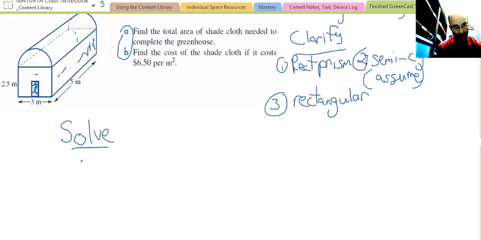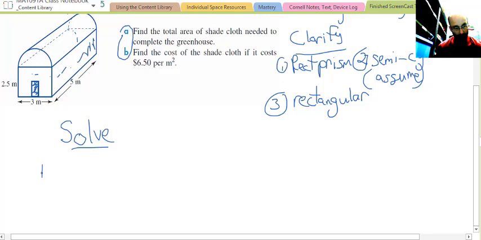I'm going to look at the total surface area. So we've got the shapes listed there and clarify. We've got total surface area of the shape of the greenhouse is the surface area of a rectangular prism, with a few little changes I'll talk about in a minute.